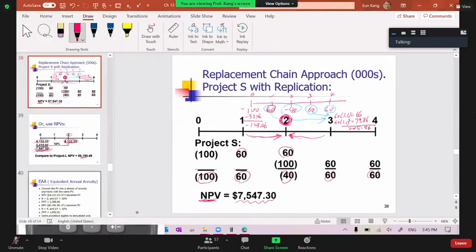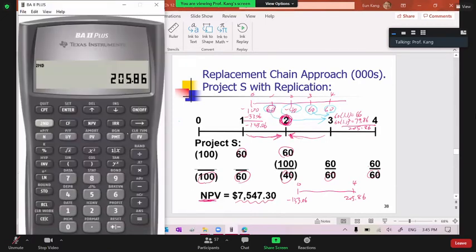205.86. So now it's like this. At time 0, minus 133.06, and time 4, 205.86. So using our technology, second clear TVM, this is future value, and 133.06 negative is present value.